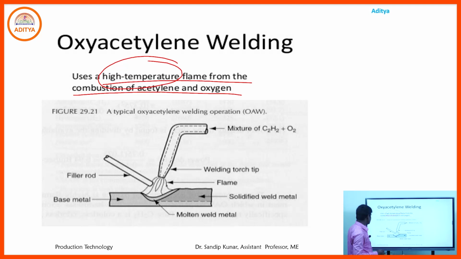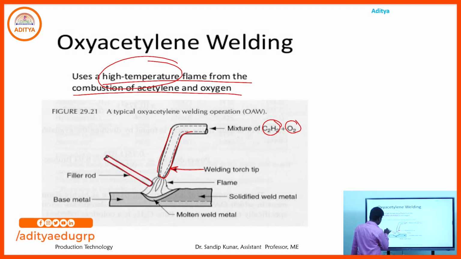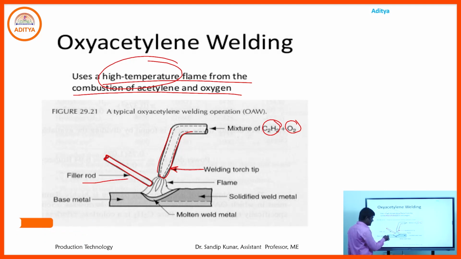Okay. We have seen that this is the welding torch tip. And here we send the mixture of C2H2 and O2, acetylene and oxygen. Now that is the filler rod. And now that is the base metal and that is the flame.